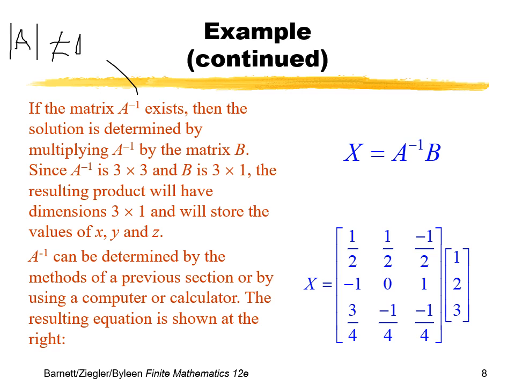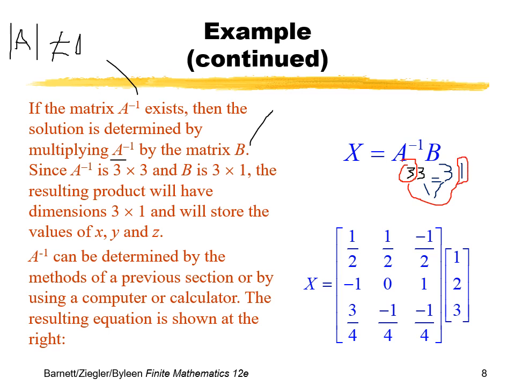So by multiplying the inverse by the matrix B, which were the constant matrix, the A is a 3 by 3 matrix, B is a 3 by 1 matrix, so the inside dimensions are equal, so the multiplication can be done, and the answer will be 3 by 1, which is 3 rows 1 column.